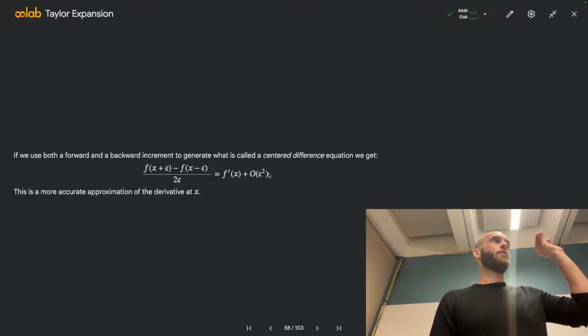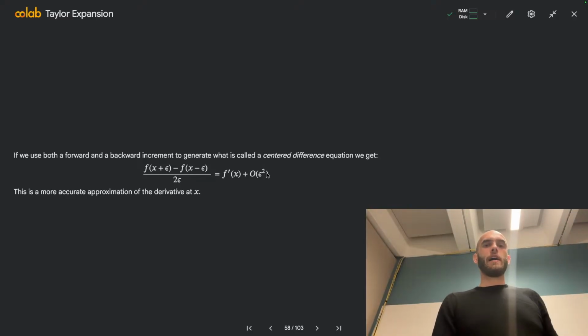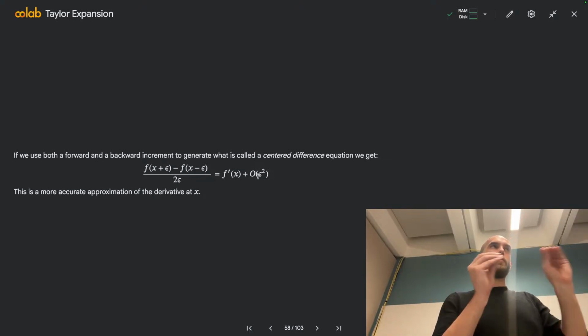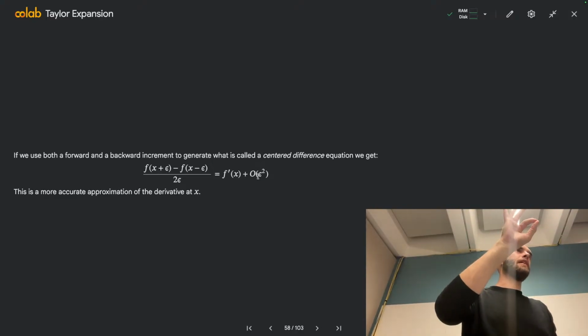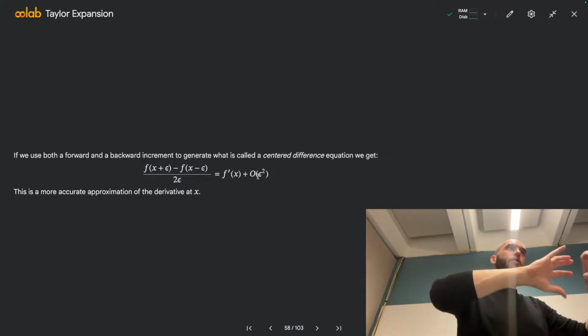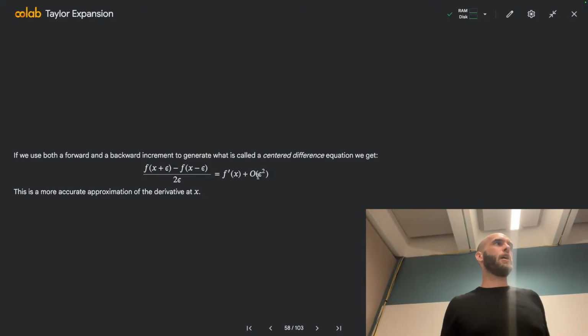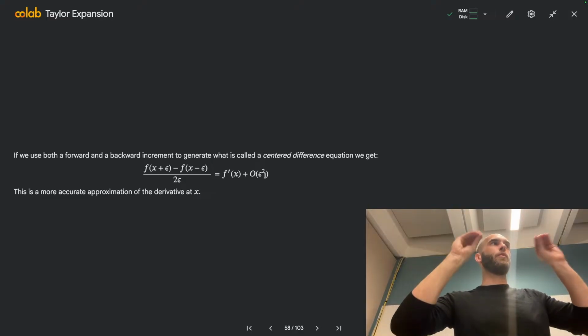So the mismatch between the analytical derivative using some non-zero epsilon and the true mathematical definition of this expansion is of epsilon squared. So what this is telling us is that the error, the mismatch between the numerical and the analytical, is smaller when we use the two-sided approach instead of the one-sided approach.